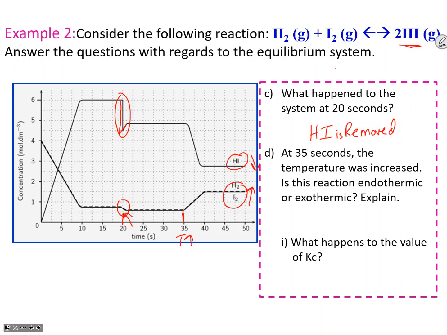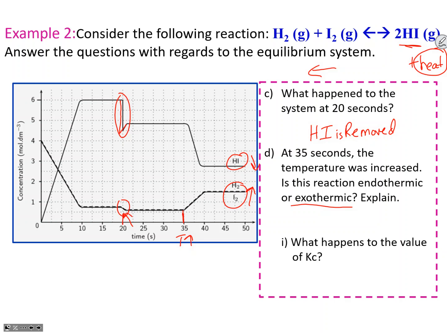It's going left towards the reactants. That tells us that adding in heat is happening on the product side. So it has to be exothermic, because adding in the heat made it shift or proceed towards the reactants. Therefore, we can see that.